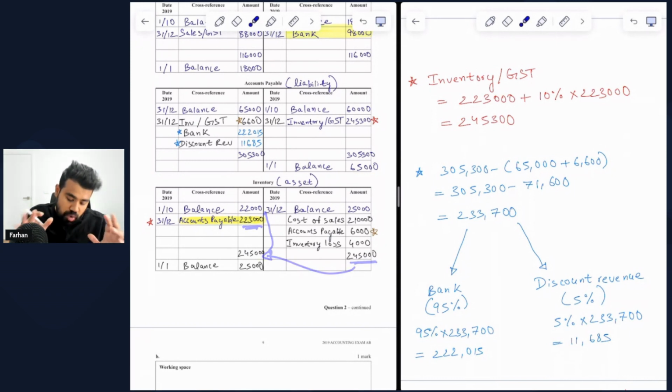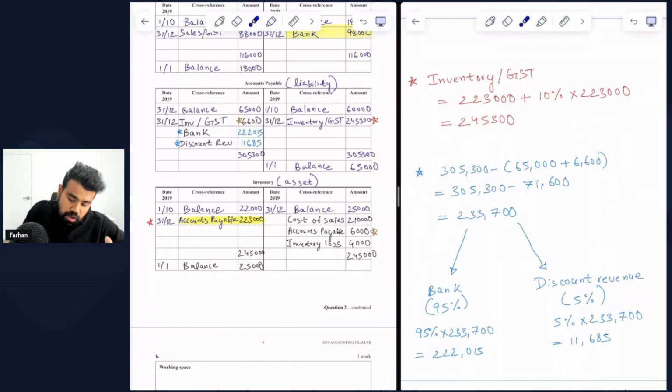you're left with $223,000, which refers to the additional purchases of extra inventory from our suppliers on credit for the period ending 31st of December. Again, we're not worried about GST in this case because this is not our headache, not our obligation. We will be paying this GST to our supplier, and that will only be reflecting within our accounts payable ledger account.